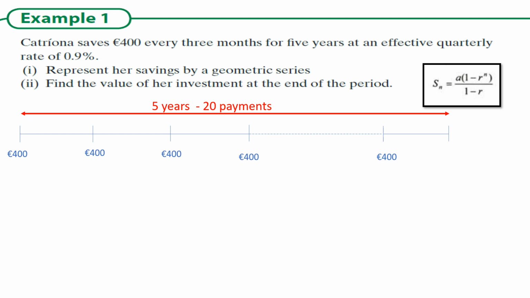Remember, these are quarterly, so every year there are 4 payments, and over 5 years there will be 20 payments overall. If we take that first 400, it is invested for these 20 payments. We don't really care that it's every 3 months. All we care about is the formula F equals P(1 plus i) to the power of t.